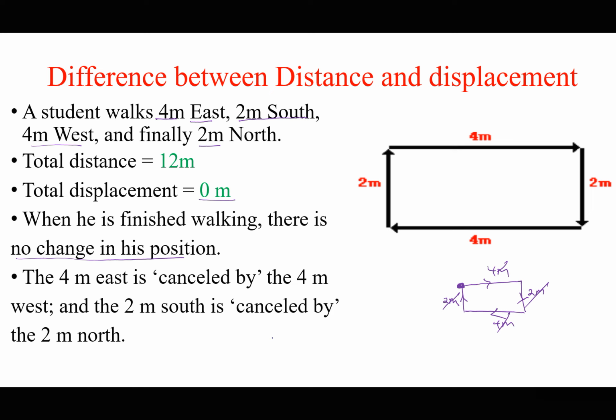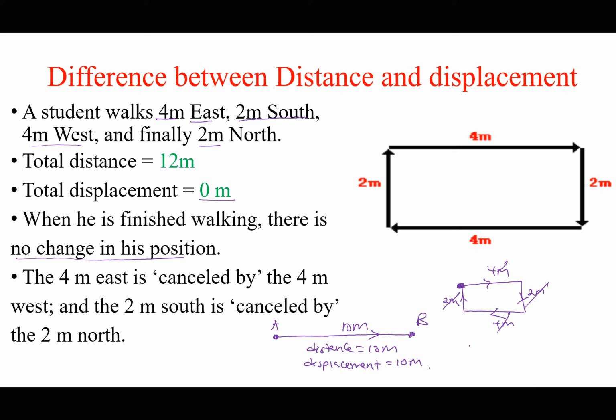For example, if I start from point A and I move to point B, 10 meters, with no change in direction, the distance will be 10 meters and the displacement will also be 10 meters. But if direction changes, the distance and the displacement would not be the same.